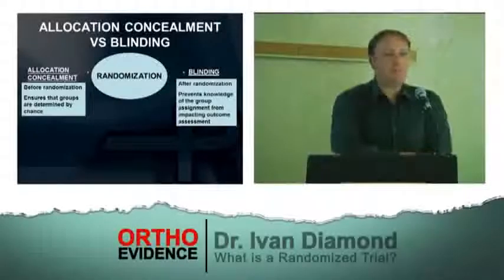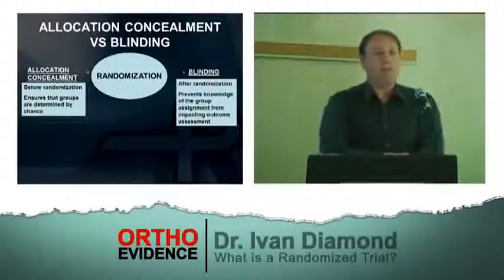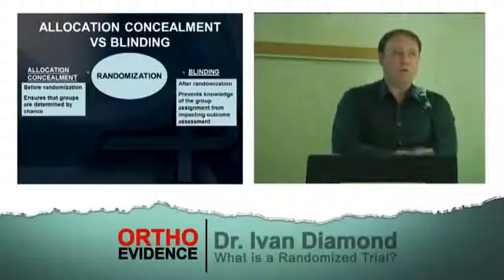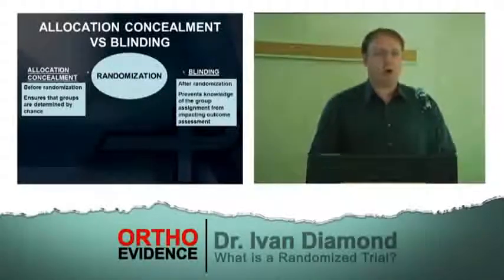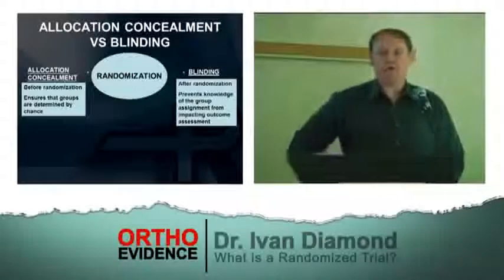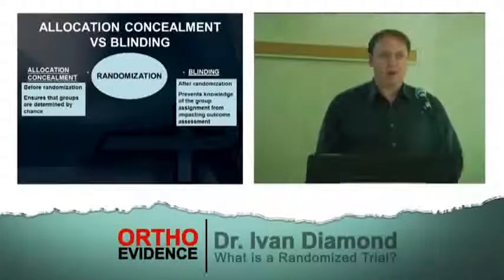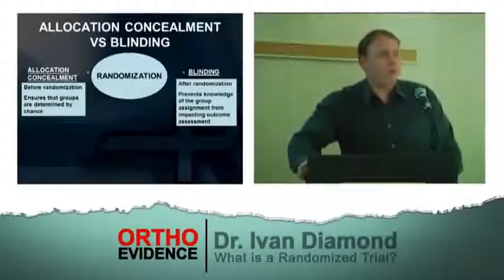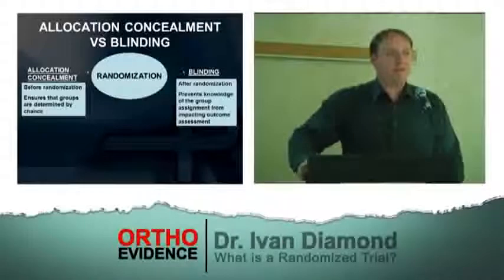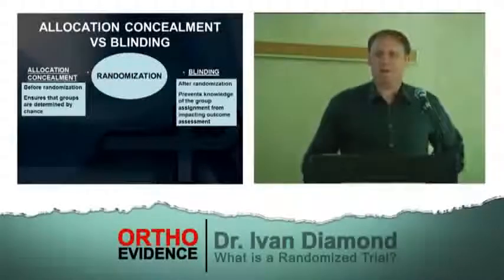And in many surgical procedures, it's completely impossible to blind all the groups. For example, if you're comparing an operative versus a non-operative approach, it's going to be very, very difficult to blind the patients, although there was at least one trial in orthopedic surgery where they used sham incisions to blind the patients.